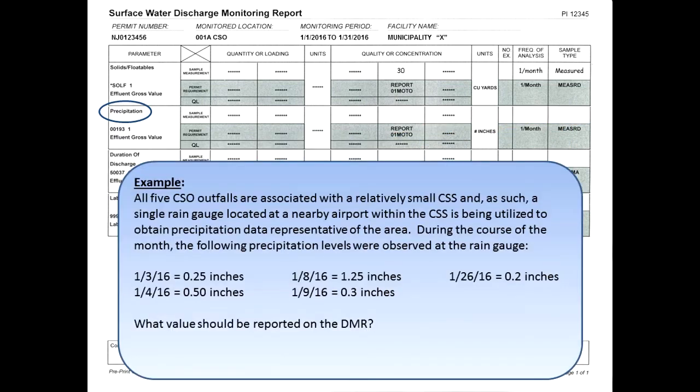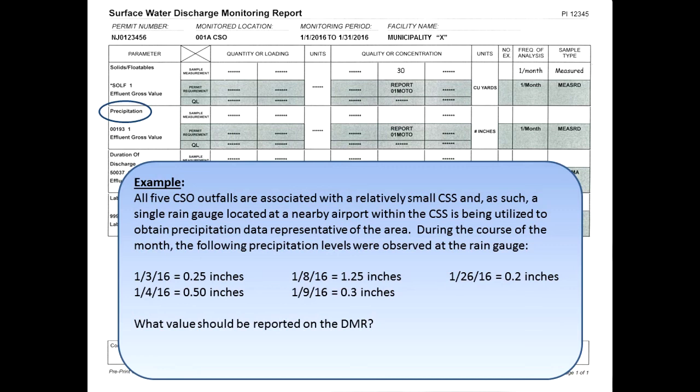In proceeding to complete a DMR form, let's run through an example for precipitation using the same hypothetical permittee identified during the solids floatables exercise. For this permittee, all 5 CSO outfalls are associated with a relatively small combined sewer system, and, as such, a single rain gauge located at a nearby airport within the combined sewer system is being utilized to obtain precipitation data representative of the area.